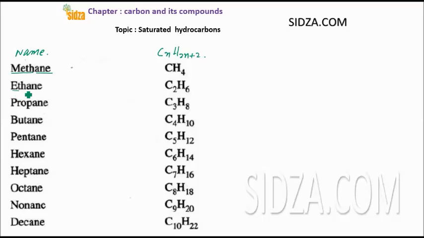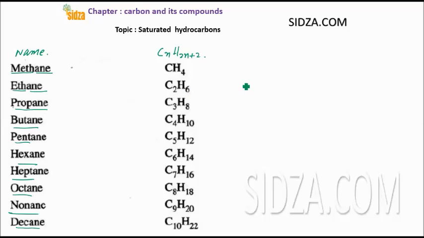So eth for the C2, again ane, alkane, propane, butane, pentane, hexane, heptane, octane, nonane, and this is the last one, decane, right? These are the different members of the alkane family.